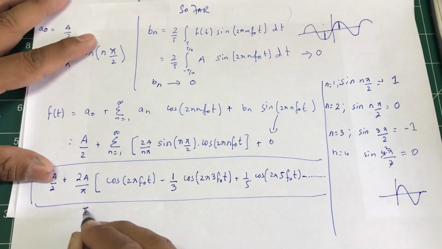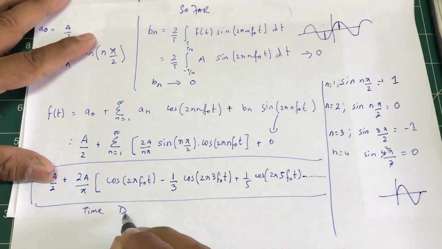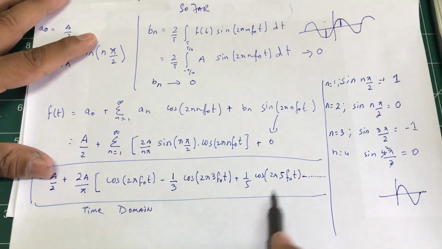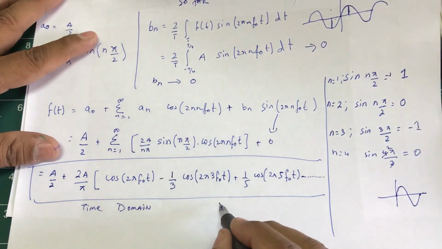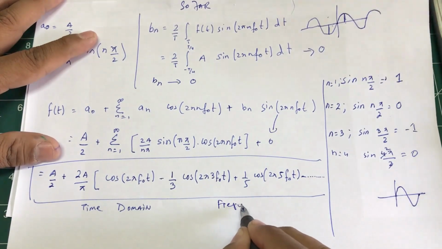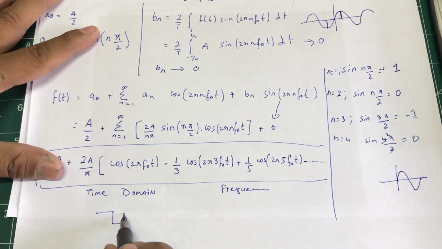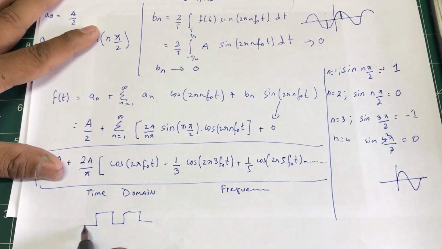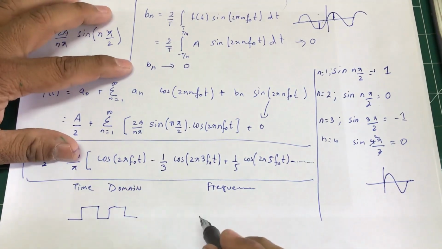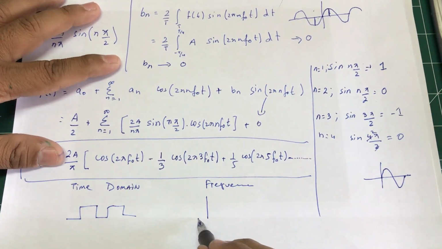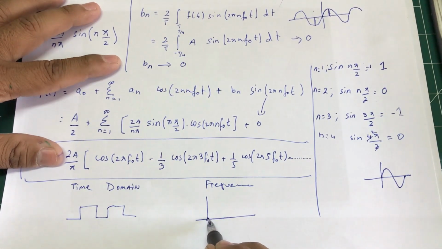So that is your time domain. If you were to look at this particular signal in the frequency domain, just like you've been seeing it in your textbooks, this is what my signal looks like. You will have a fundamental component, which is going to be your frequency, F naught.